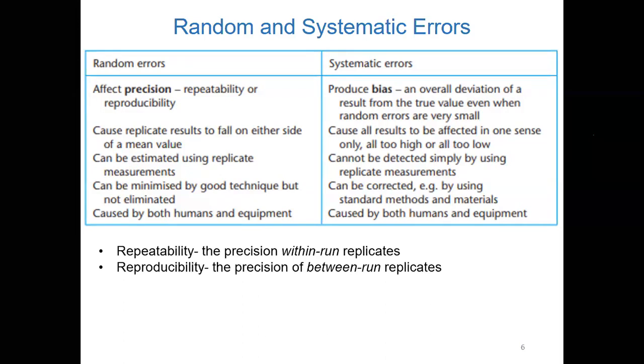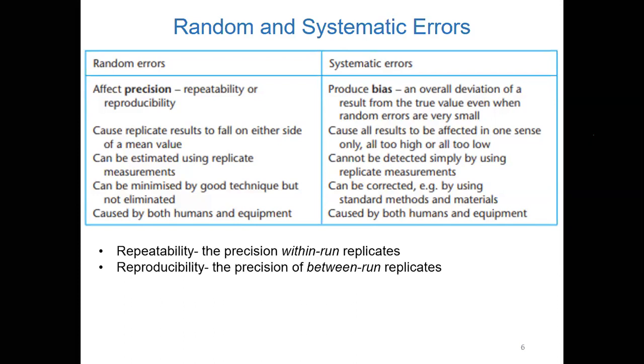Random errors can be estimated using replicate measurements. But systematic errors cannot be detected simply by using replicate measurements. We cannot tell whether there's a systematic error by simply repeating the measurement, because even though the systematic error is there, we will get a precise reading.